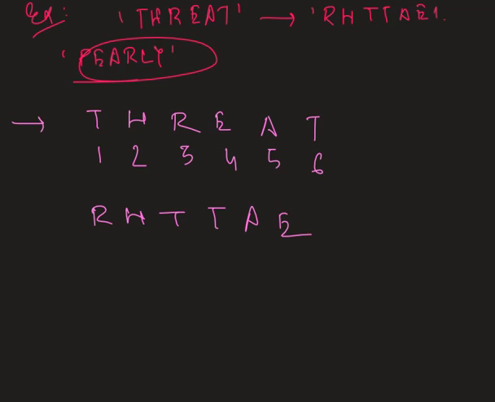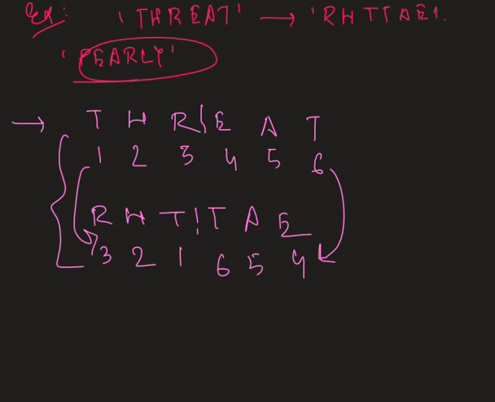Therefore, it is 3, 2, 1 and then 6, 5, 4. We can see a pattern: if we divide the word from the middle, the numbers 1 to 3 are written in reverse order, that is 3 to 1, and the numbers 4, 5, 6 are written in reverse order, that is 6, 5, 4.